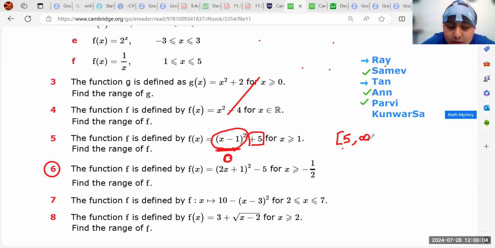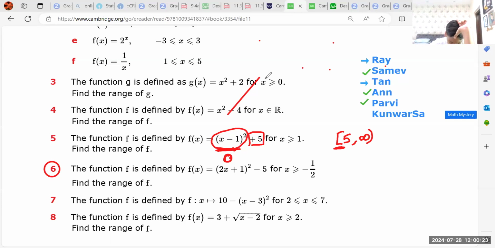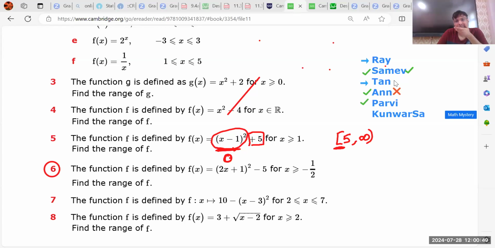Okay, sir. Next one, sixth one. Tanish, this was your mistake. This should be a square bracket, okay? Because 5 is included. Yes, sir. Guys, I'll be repeating the same thing over and over again.